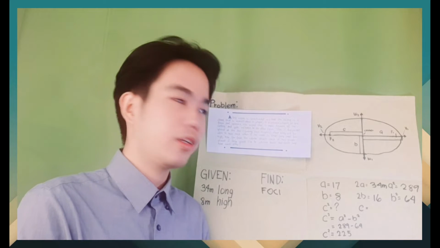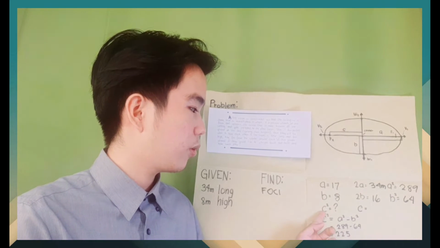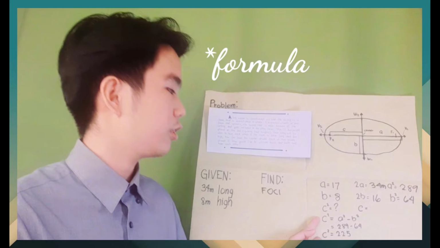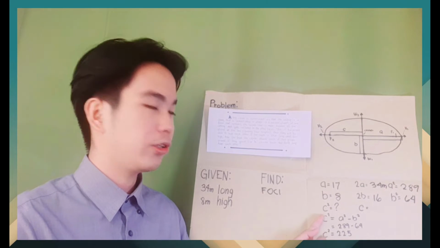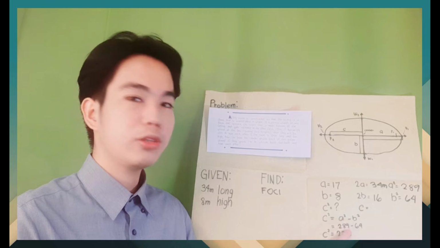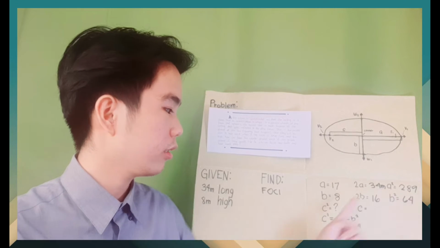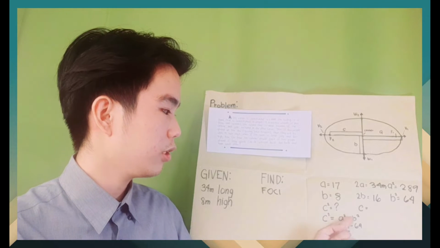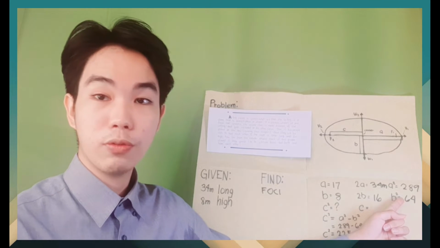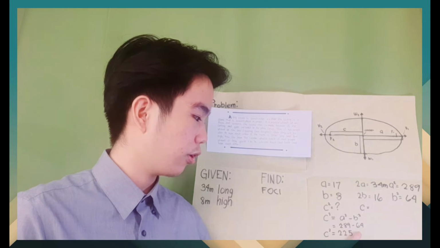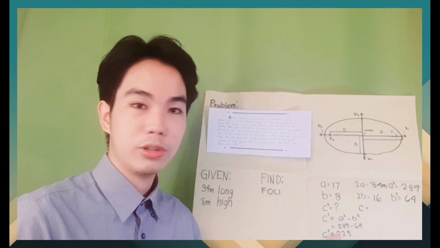Now, we should find the c, or the c squared. We're going to use this equation: c squared is equal to a squared minus b squared, where a squared is 289 minus b squared, which is 64. And 289 minus 64 is equal to 225.